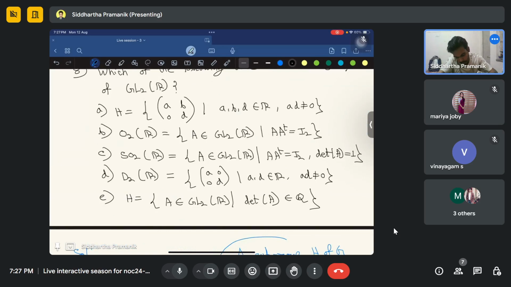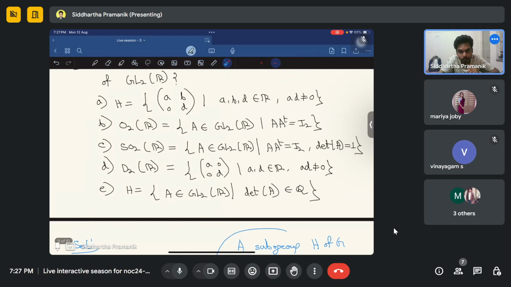So what about SO2(R)? This is a subset of O2(R) actually. So is SO2(R) a normal subgroup of GL2(R)? Yeah, anyone?